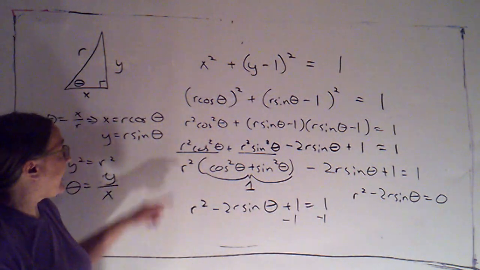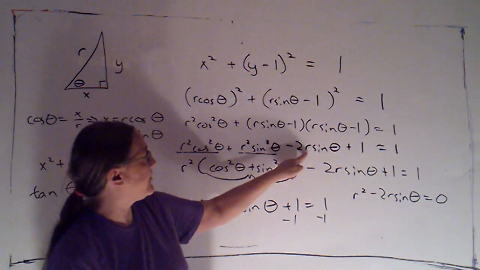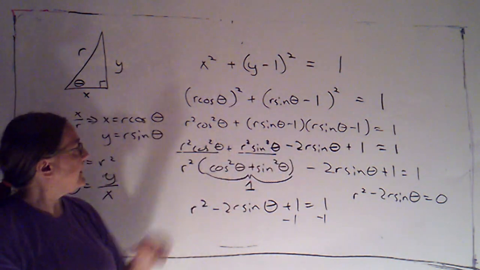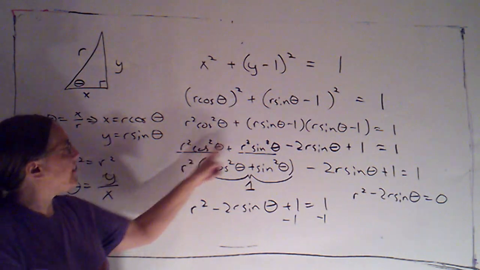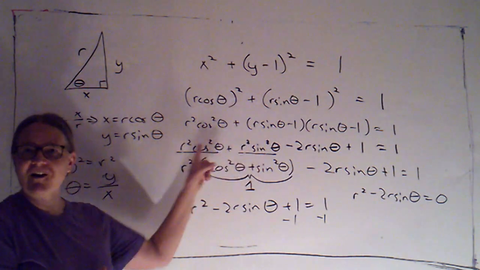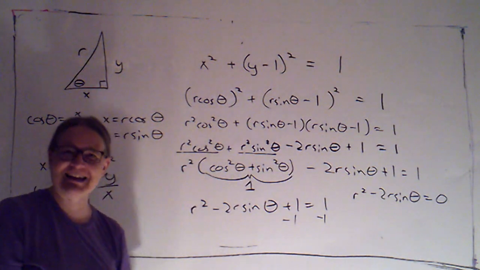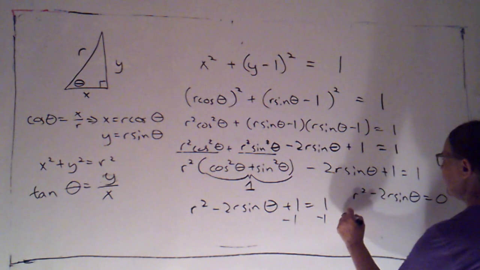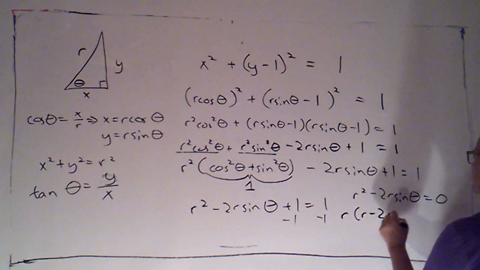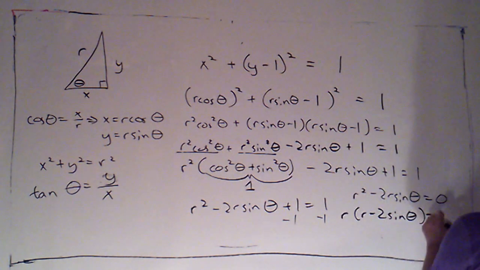And if I'd done that initially and factored an r out of all of these things, I could have done that, but I would have wanted to eventually factor out the other r here so that I can use that Pythagorean identity. Okay. All right, so now this becomes r times r minus 2 sine theta is equal to 0.